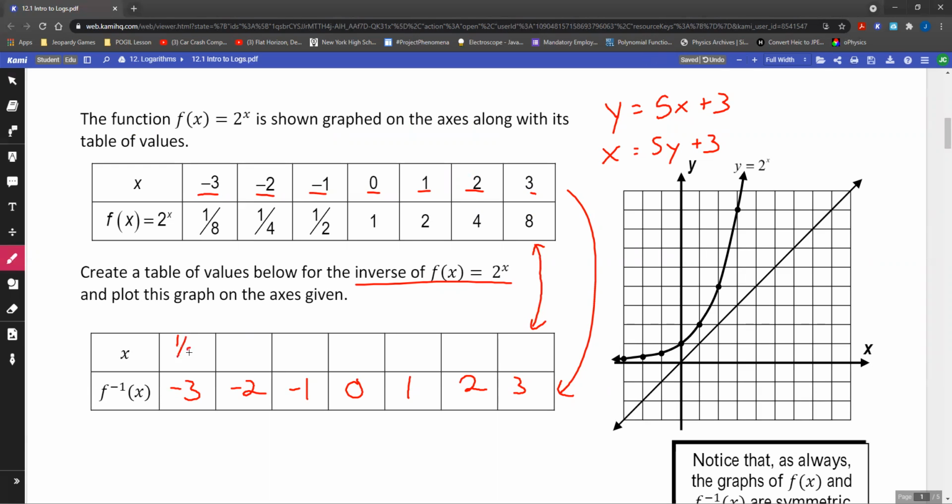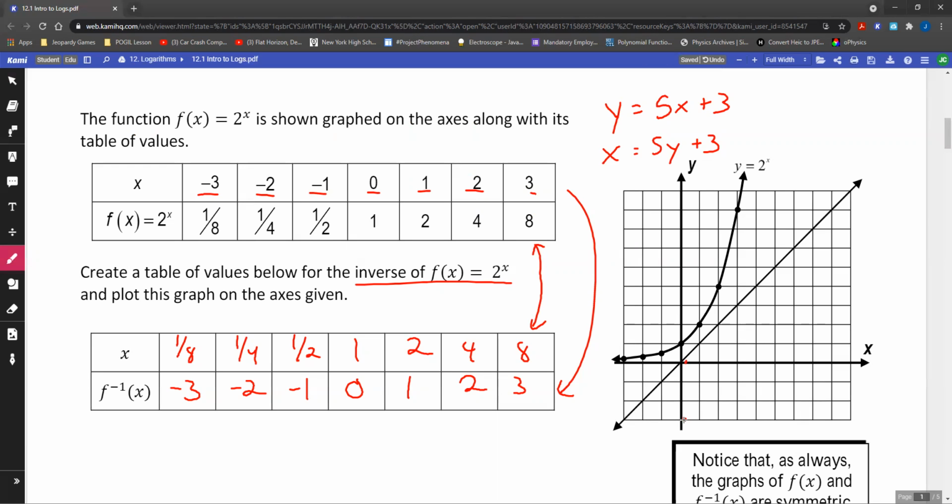So this becomes 1/8, 1/4, 1/2, 1, 2, 4, 8. From here, I can plot this. So when x equals 1/8, I go to -3, so right here would be my first point.